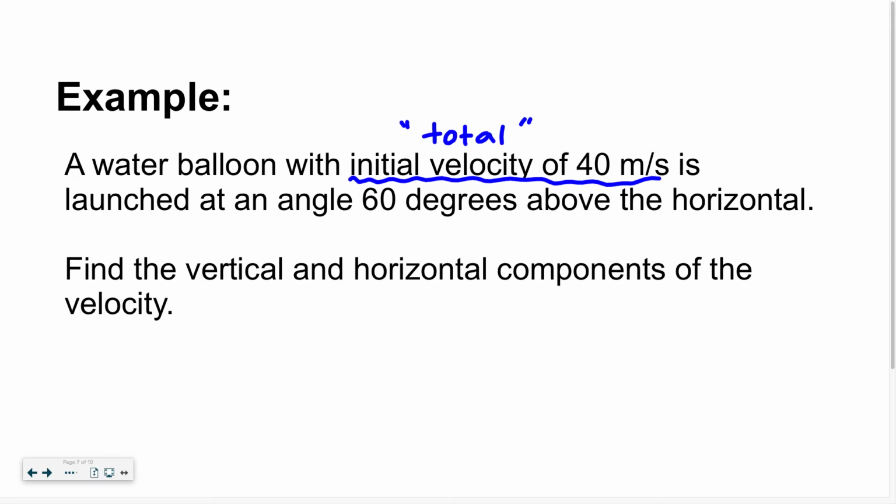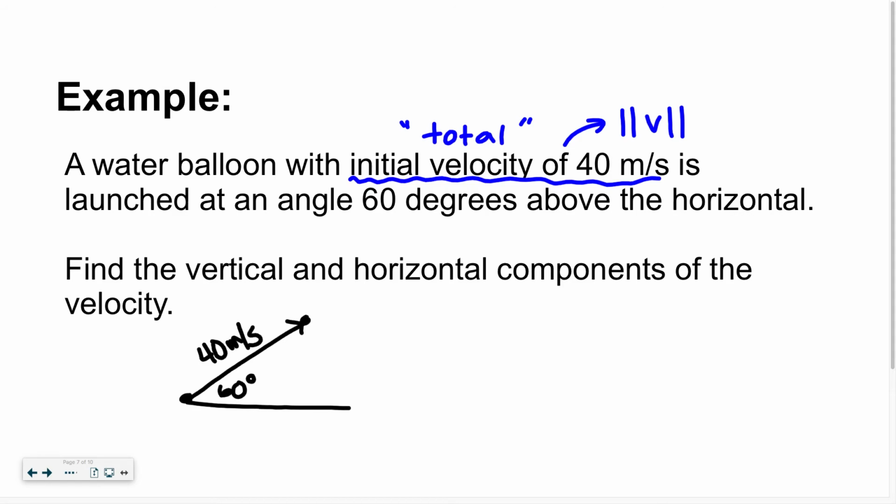So all the velocity that object has is 40 meters per second, and this is going to represent your magnitude. Your total force, your total velocity, the total is going to be the actual magnitude of your vector. So if I'm thinking about an image here, I've got some water balloon being launched 60 degrees above the horizontal.